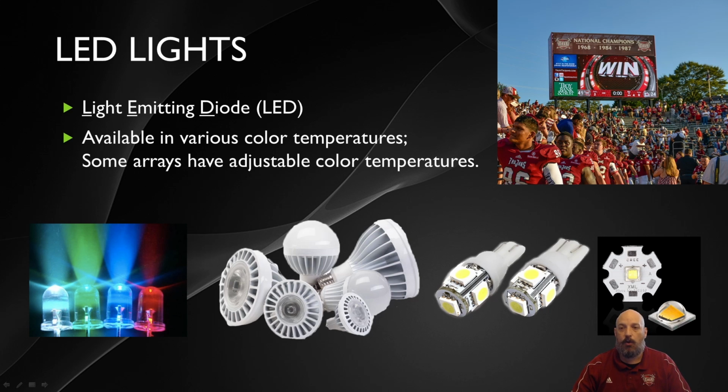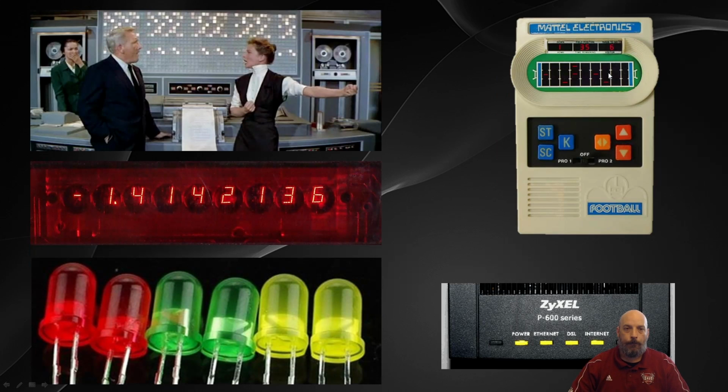They can be put into a wide variety of designs and configurations to produce a desired effect. If you've ever seen a large video board at a sporting event, or even an electronic video board on an advertisement walking around a city or driving around a town, you may see some video boards that are displaying videos or other animations or information or graphics. These are going to pretty much be using LED technology.